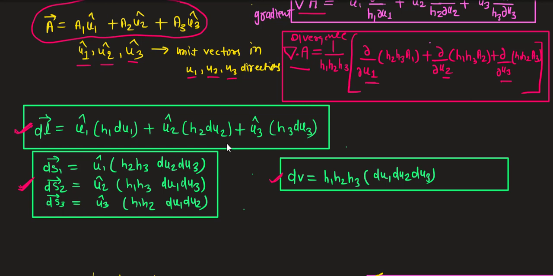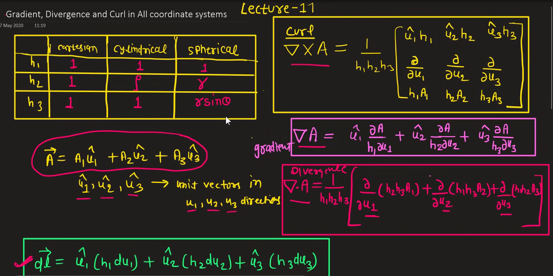Now in order to calculate these expressions for a particular coordinate system, you know the u1, u2, u3, and you have to know what the h1, h2 and h3 are. These are kind of scaling factors. This table here gives you the values of h1, h2 and h3 for each coordinate system.